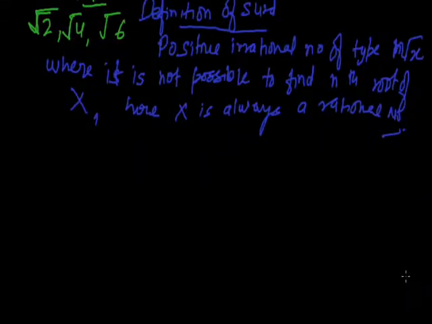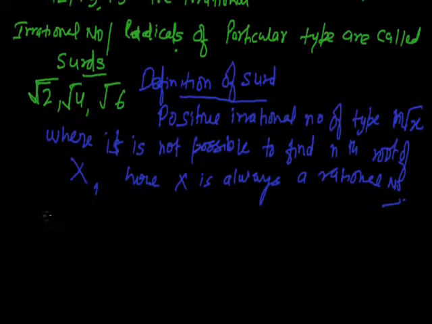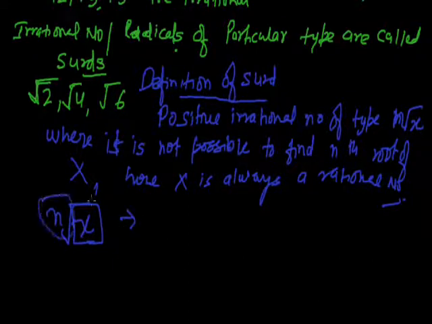So what we are essentially trying to say is that when I say n under root x is a surd, I am saying that x has to be a rational number, and you should not be able to find out the nth root of the x.